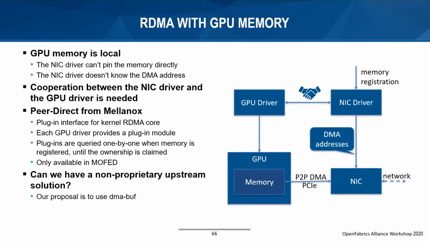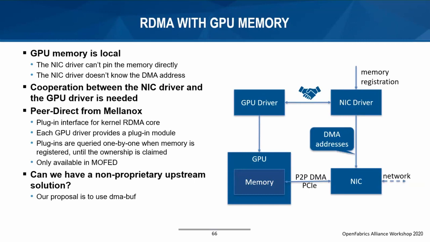There's a handshake there, and the information is exchanged. At memory registration time, the NIC driver gets the information from the GPU driver and finally delivers the DMA address to the NIC.